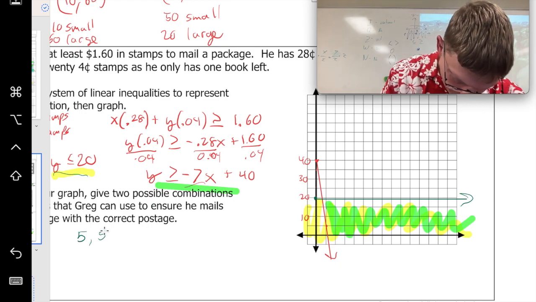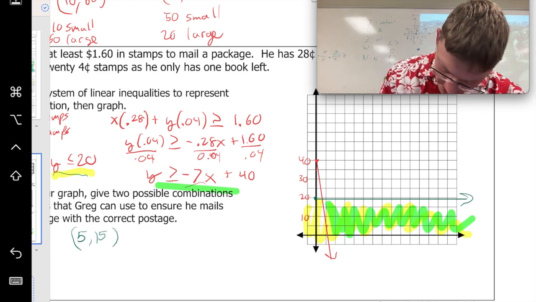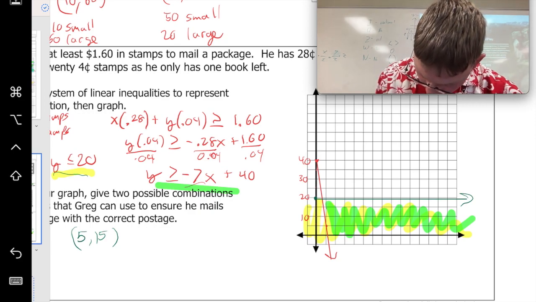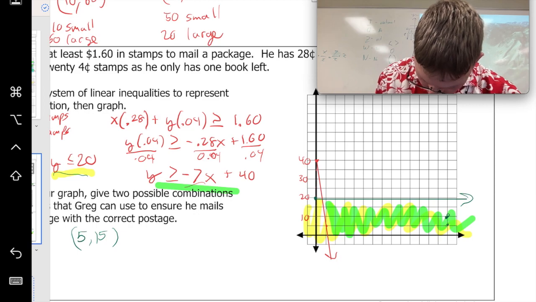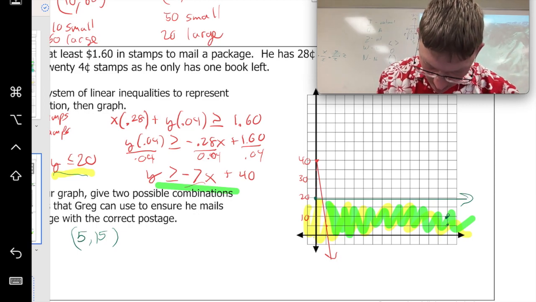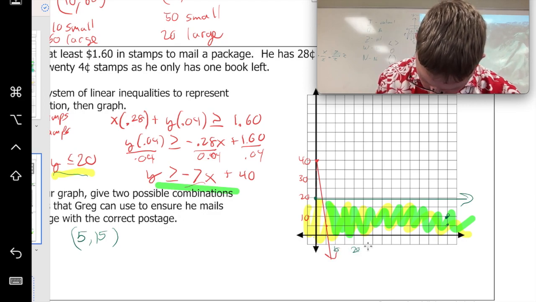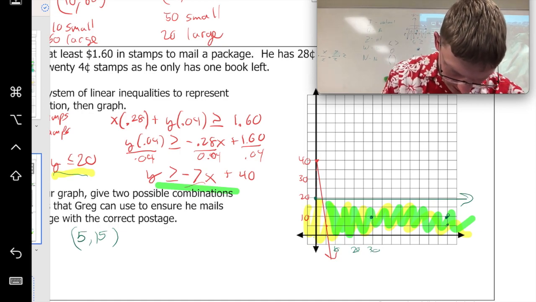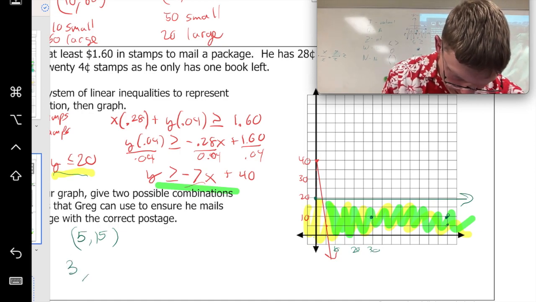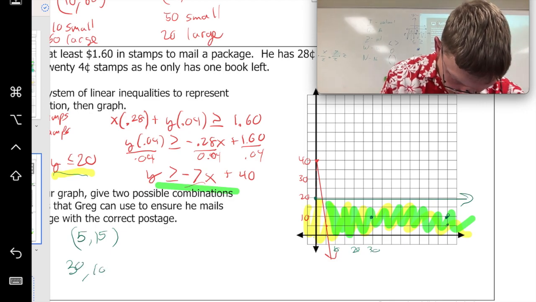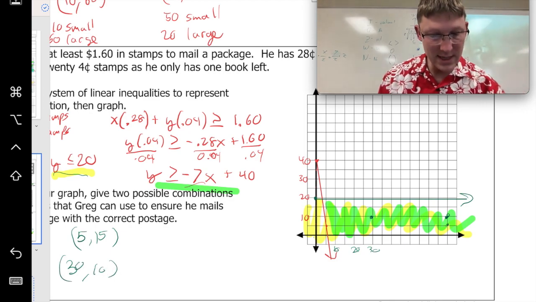So I could say 5, 15. And we'll do one right there. 10. Oh, I'm not counting out that far. This is 10, 20, 30. We'll go here. So 30, 10. So we're not done yet. That's not our answer.